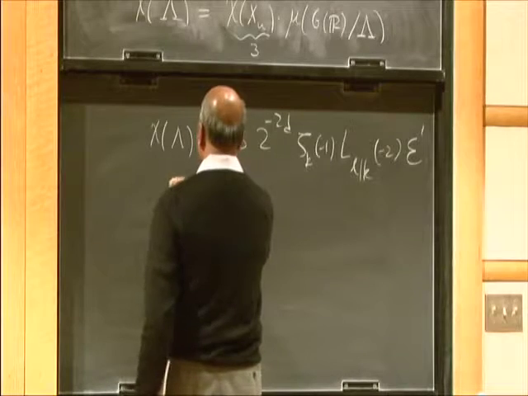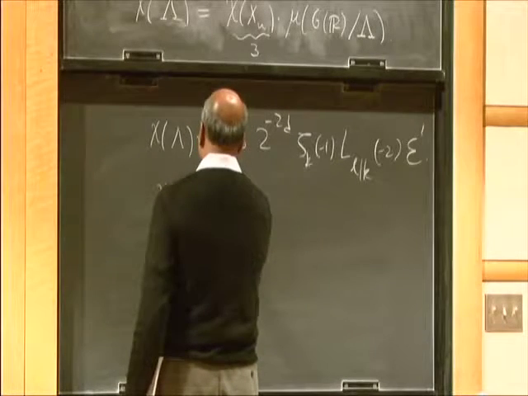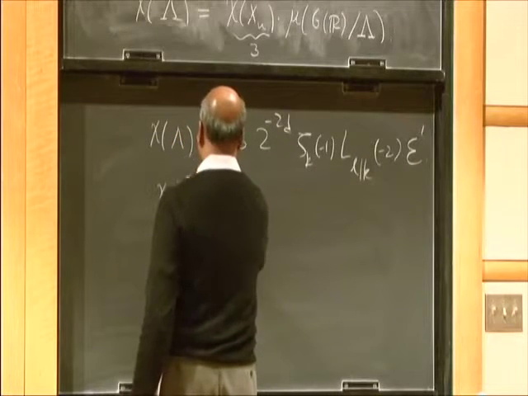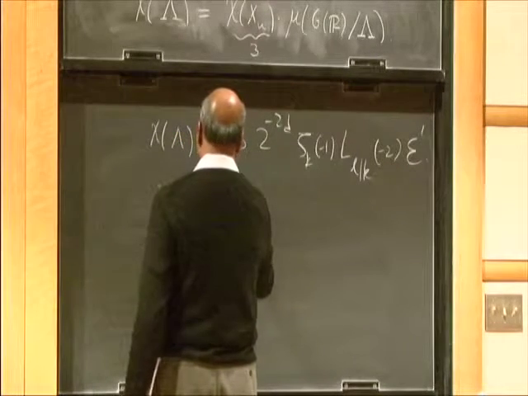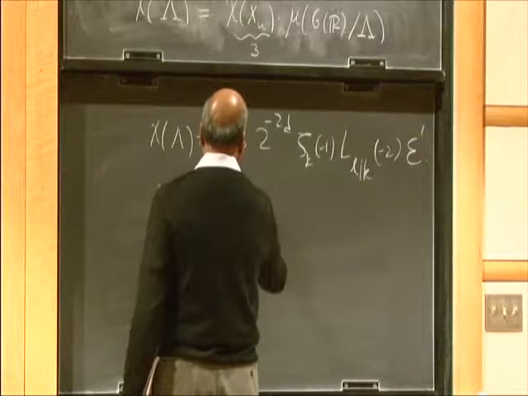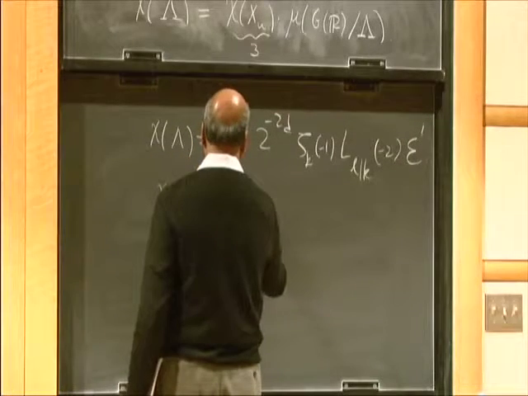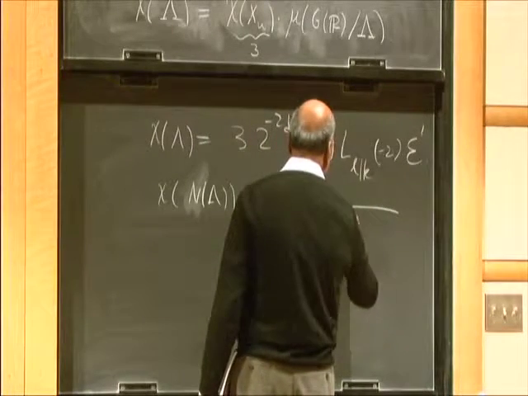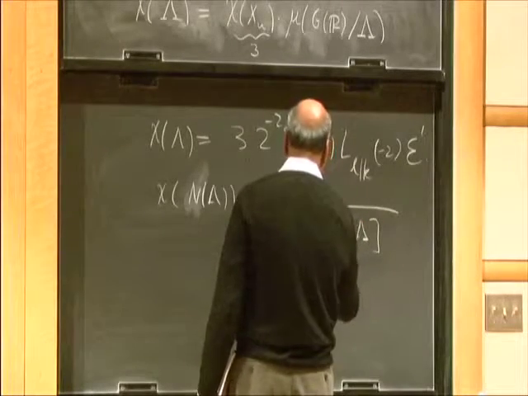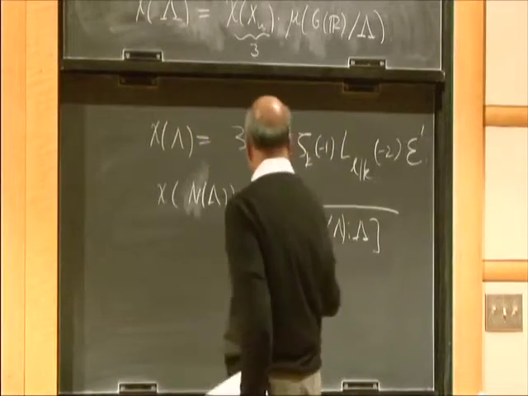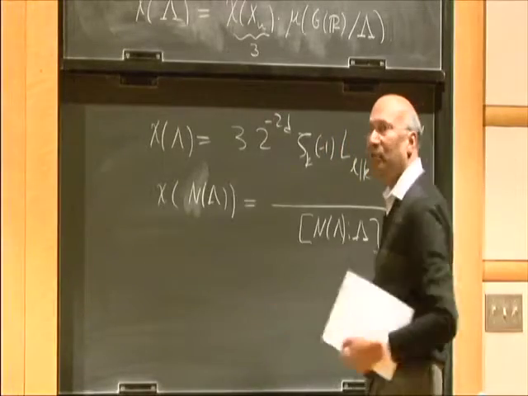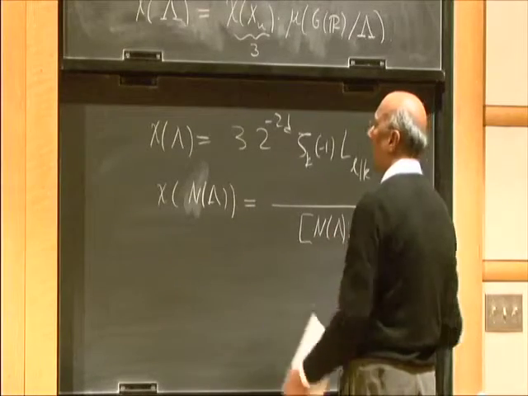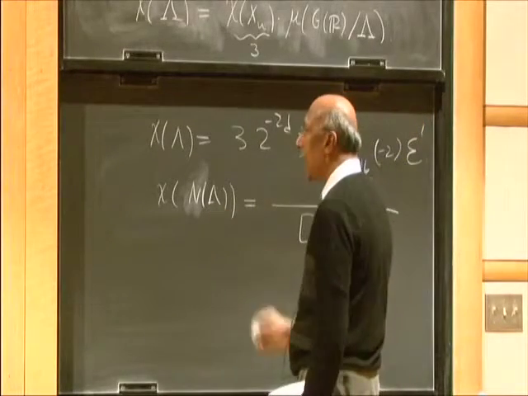And therefore chi of our gamma tilde, the normalizer of lambda, you divide by the index, which we have already said is a power of 3, and I have given you a bound for that. So this number divided by the index is the Euler characteristic of the normalizer of lambda.